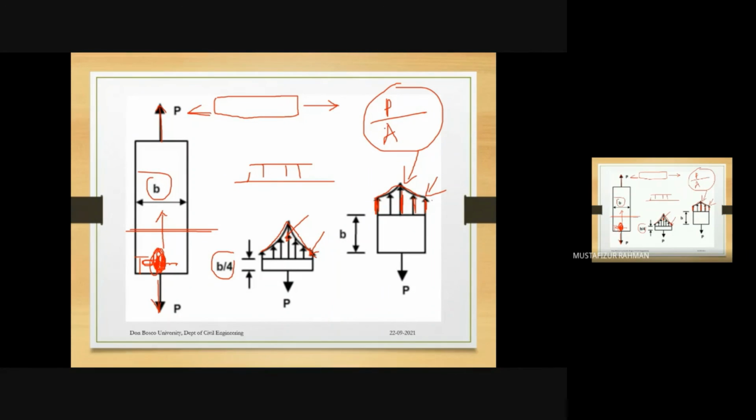In reality, more stress will be here. The value of stress will be more in this region, then smaller on the edges. And when we come away from the point of application of the load, the difference between the stress at the edge and at the central portion becomes less and less.